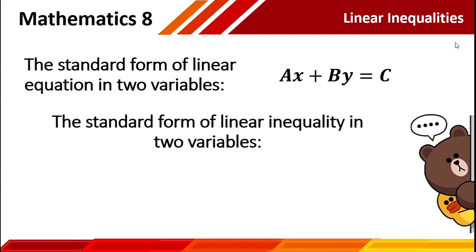This is the same for the standard form of linear inequality in two variables. But the only difference is that the equal sign will be replaced by an inequality symbol. So the standard form of linear inequality in two variables can be any of the following.